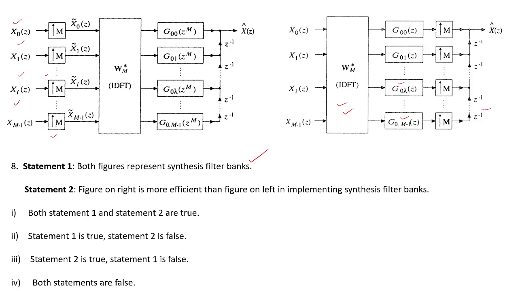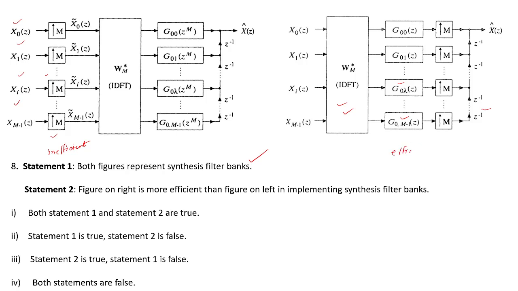So this is an inefficient way of doing this, because you are introducing zero valued samples and performing IDFT operation and filtering over that, which are computationally expensive processes. On the other hand, you are only performing upsampling after all the computationally expensive operations like IDFT or filtering have been done.